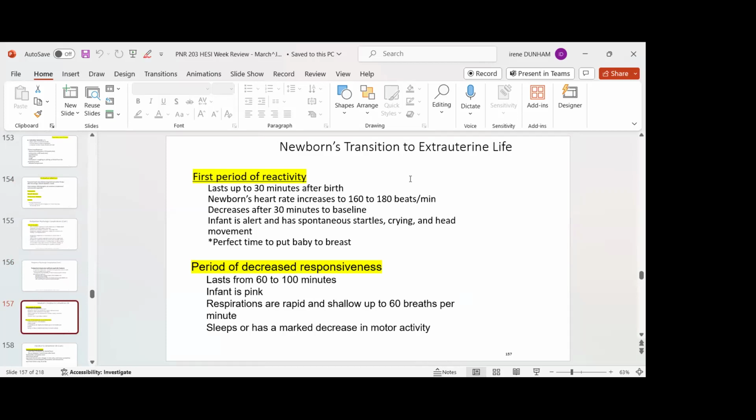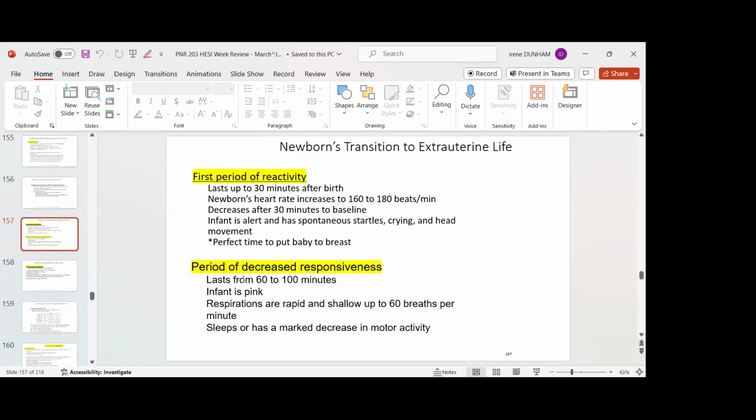Okay. Let's talk really quick about the baby's transition to extrauterine life. Remember, the first period of reactivity lasts up to 30 minutes after birth. The newborn's heart rate increases to 160 to 180, then decreases after 30 minutes to baseline. The infant is alert and has spontaneous startles, crying, and head movement. This is a good time to put the baby to breast.